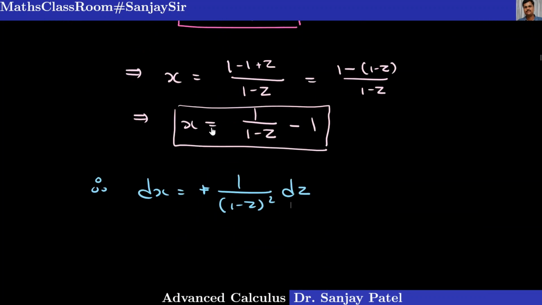When x equal to 0, what happens to z? Just note the value of z when x is equal to 0 and when x equal to 1.